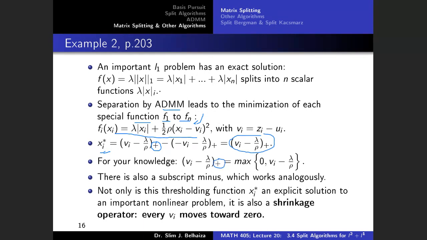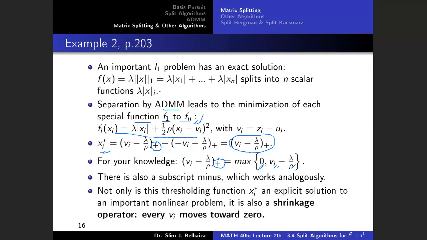When we write vi minus lambda over rho with subscript plus, it means we are taking the maximum between vi minus lambda over rho and 0. If vi minus lambda over rho is negative, we take 0. If it is equal to 0, you still take 0. If it is positive, then you take vi minus lambda over rho.